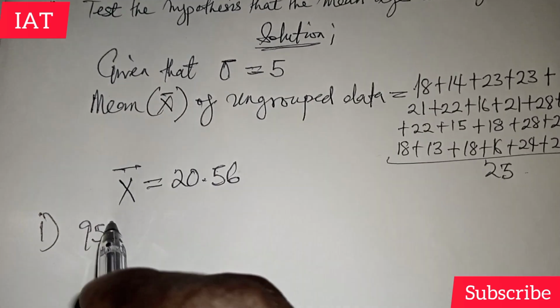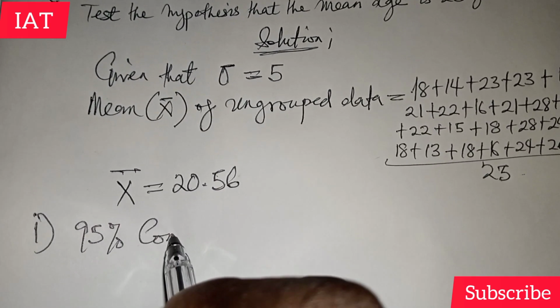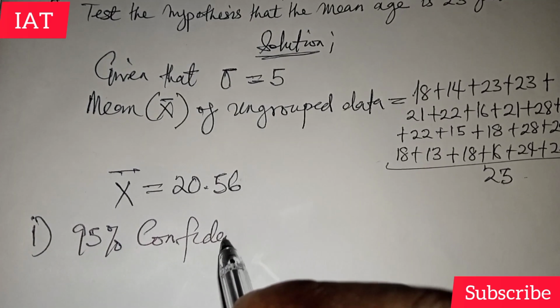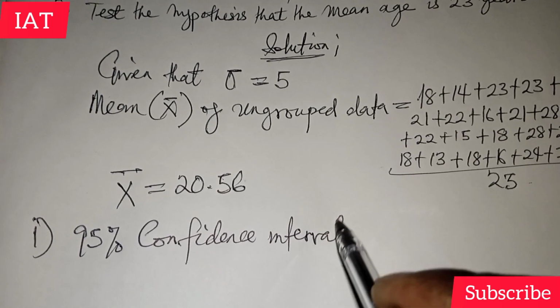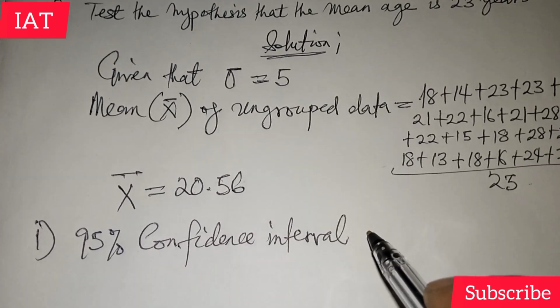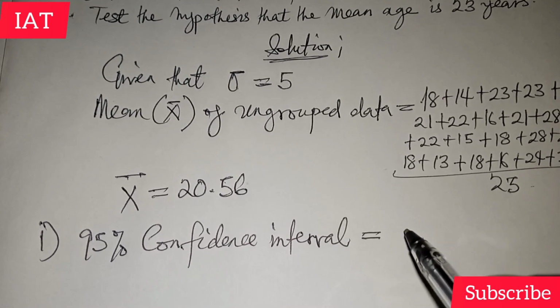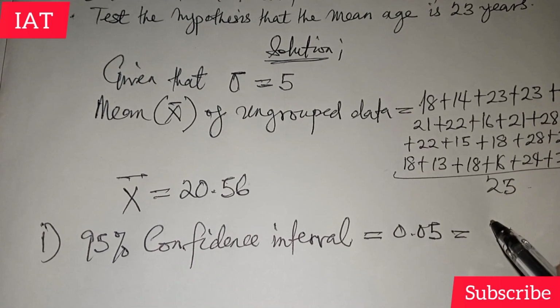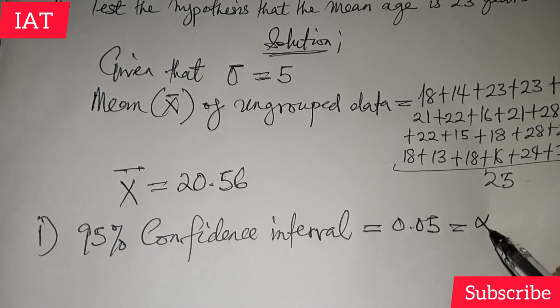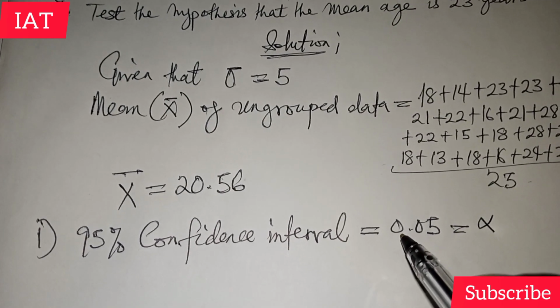So for us to get the 95% confidence interval, you should know that this is equivalent to alpha equals 0.05, and this is the symbol for the confidence interval. How do we get this 0.05?